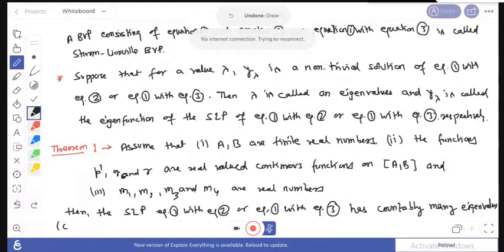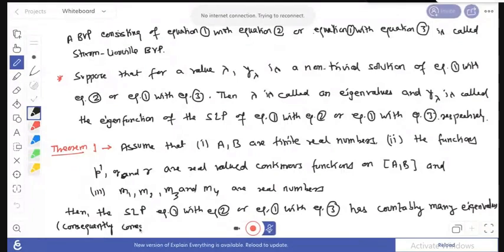corresponding to each eigenvalue there exists an eigenfunction.